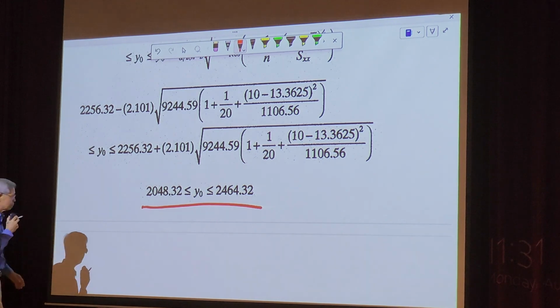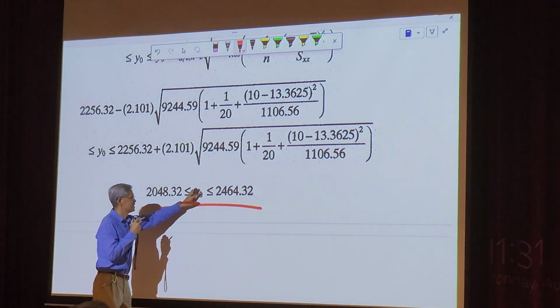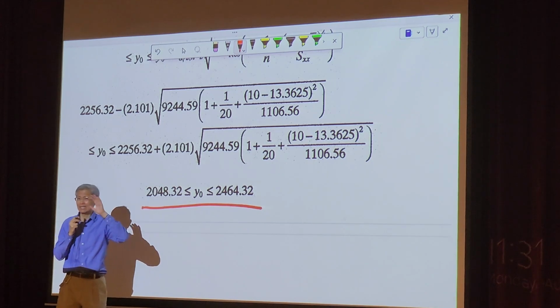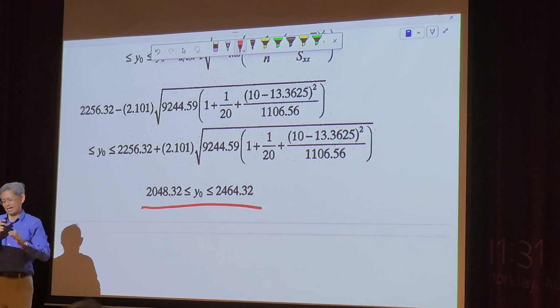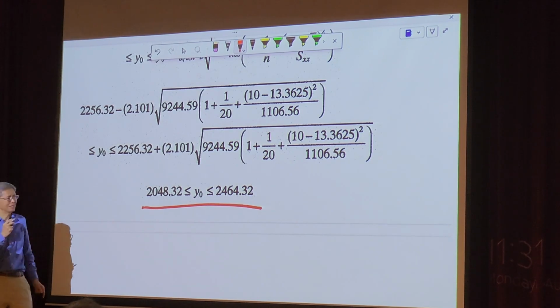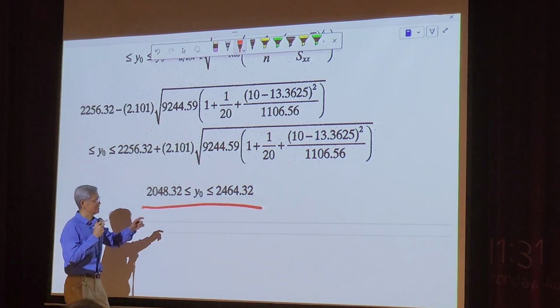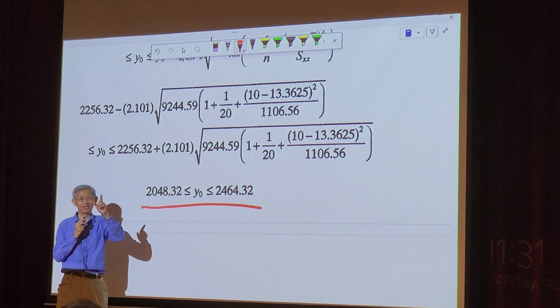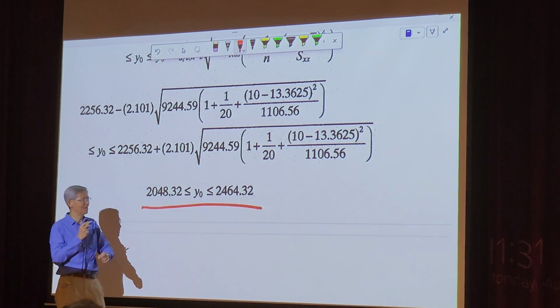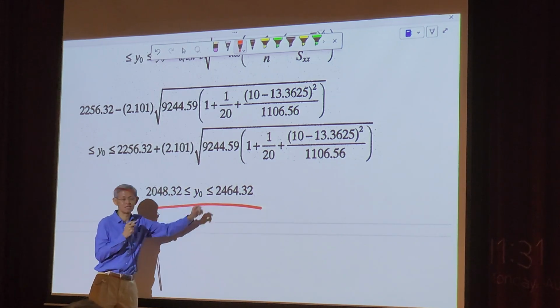So this is just a very casual way of writing, saying that I predict the future observation for a regressor with x0 value is between this and this.